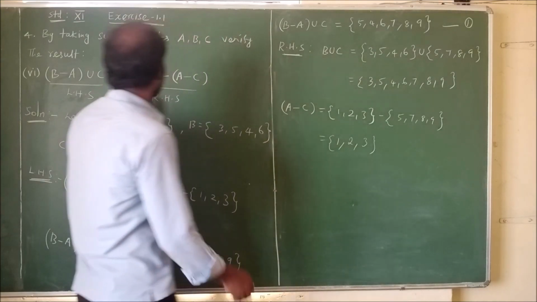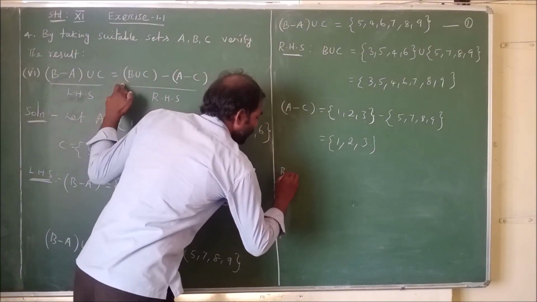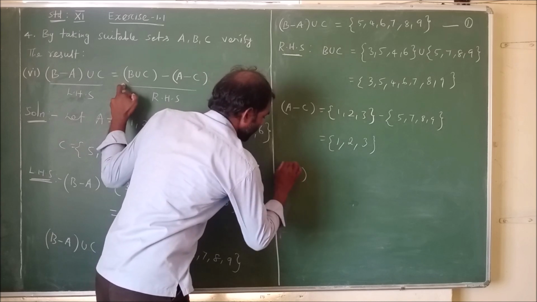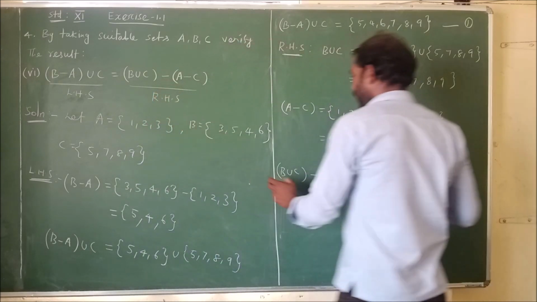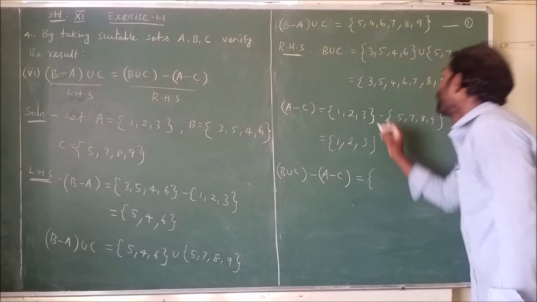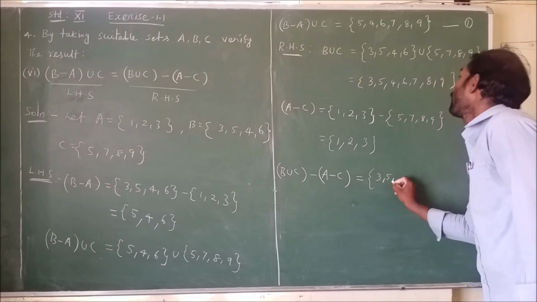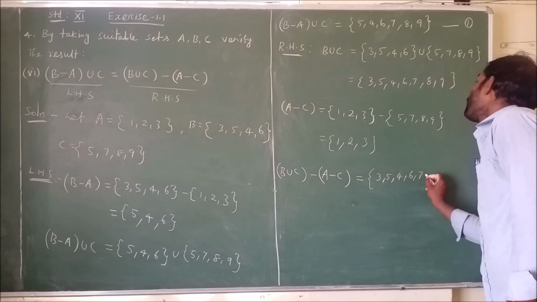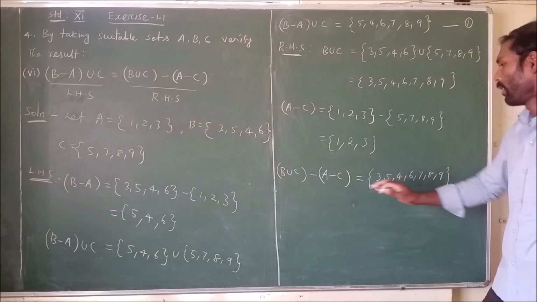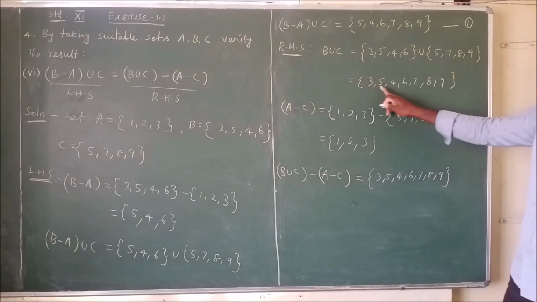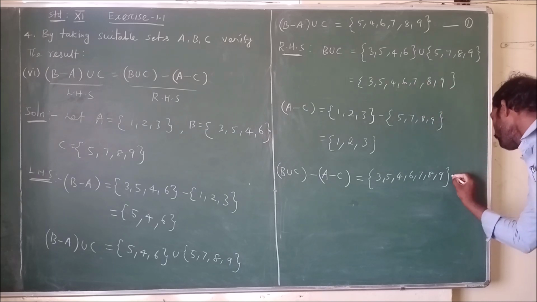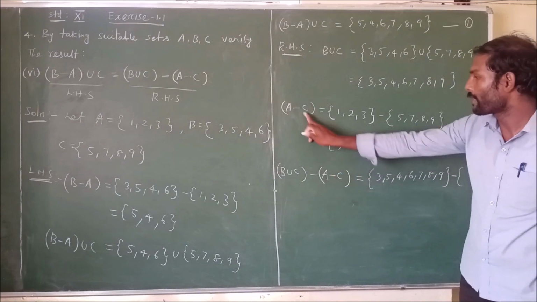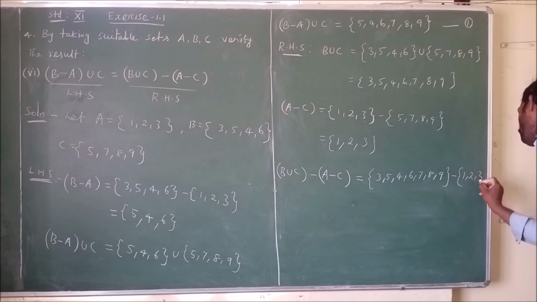After that, for the whole term (B union C) minus (A minus C): the value of B union C is {3, 5, 4, 6, 7, 8, 9}, minus the value of A minus C, which is {1, 2, 3}.